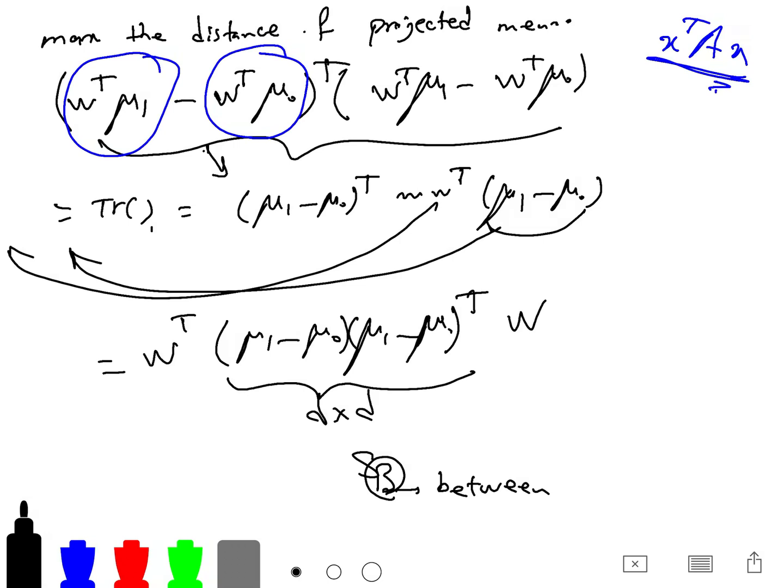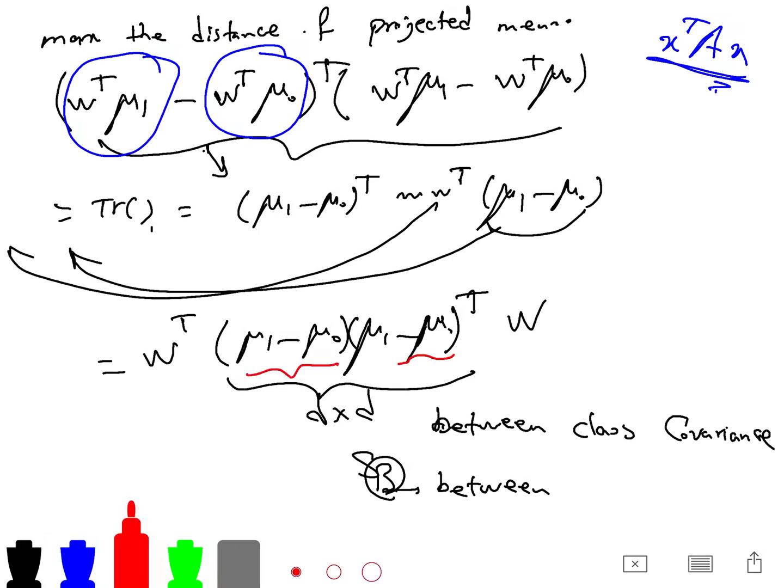So it's a rank 1, and we call it the between class covariance. And it is rank 1 because you are just multiplying two vectors. This is one vector, this is another vector, so it is rank 1.